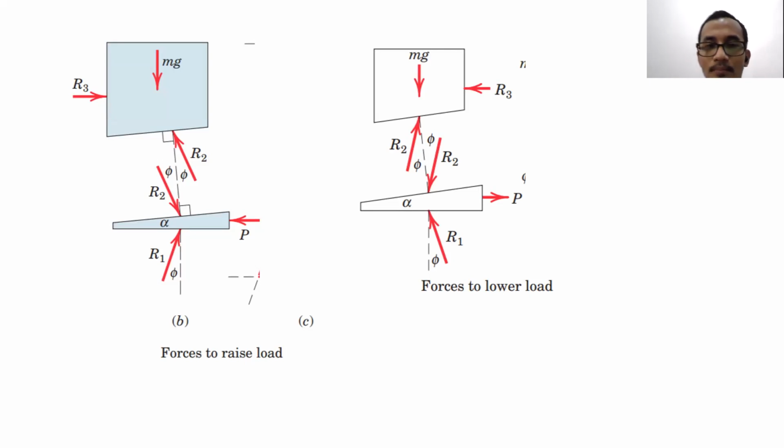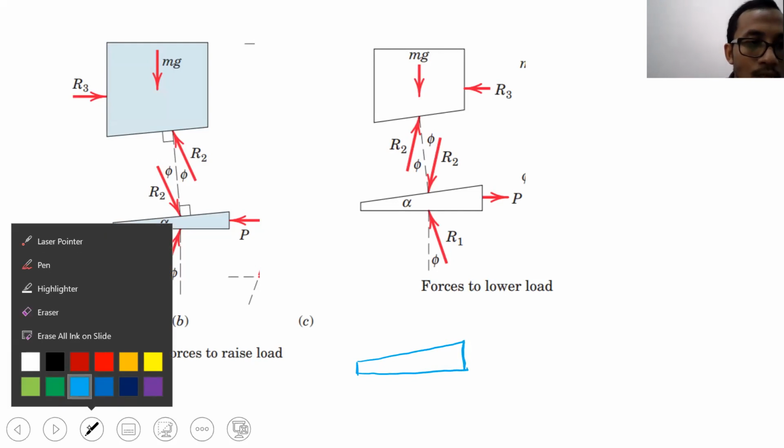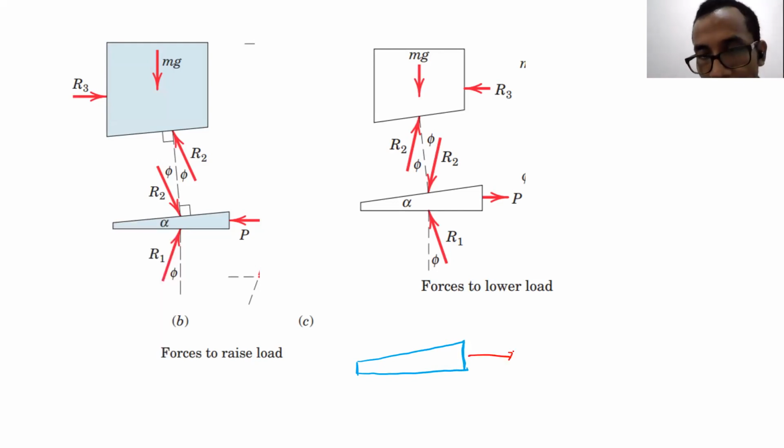So basically, there will be the same R1 and R2, but the direction will be different. Why will the direction be different? Because if we draw the normal force and friction force separately, this is what we will get. The P is pulling the wedge out, then there will be normal force 1, then there will be a friction force 1, and the friction force 1 is supposed to be going to the left instead of to the right, right?